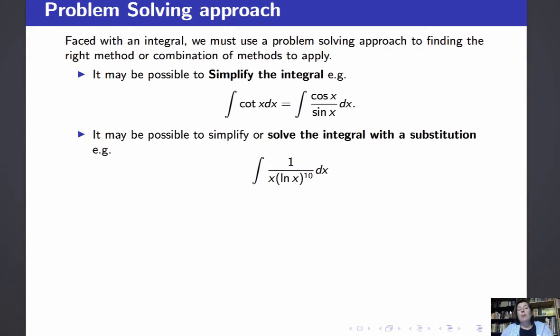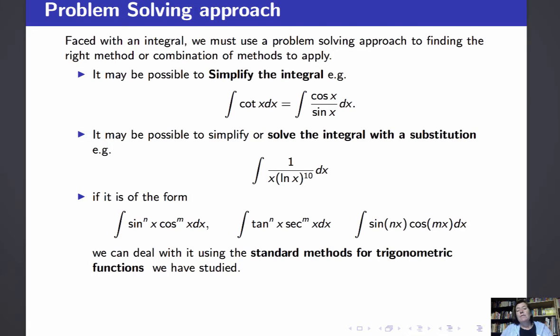It might be possible to simplify using a substitution and then applying a different method. For example, in the case of the integral of 1 over x times the natural log of x to the 10, if I let u equals the natural log of x, this becomes the integral of 1 over u to the 10, and this is very simple using the power rule.